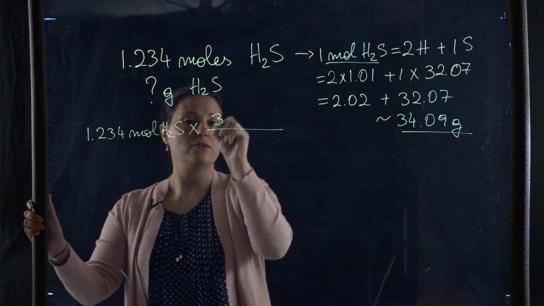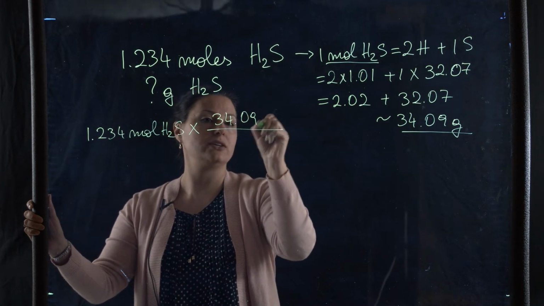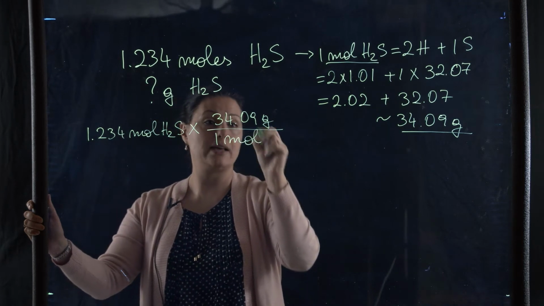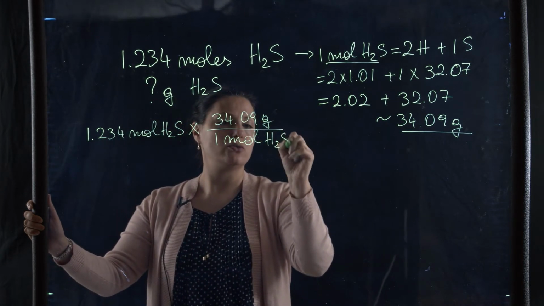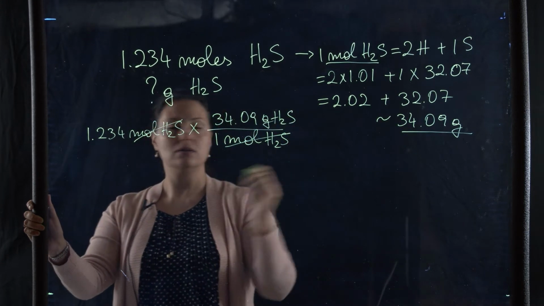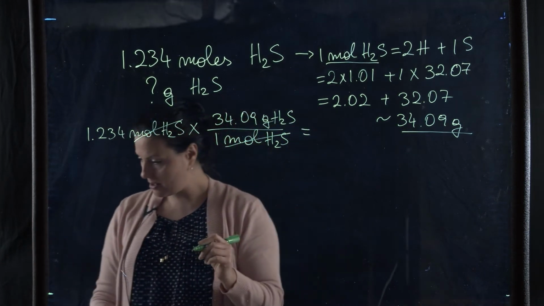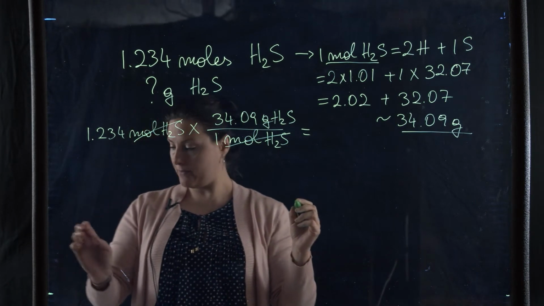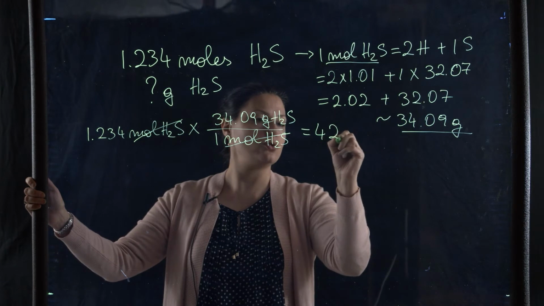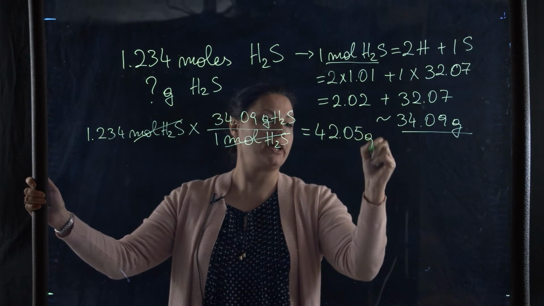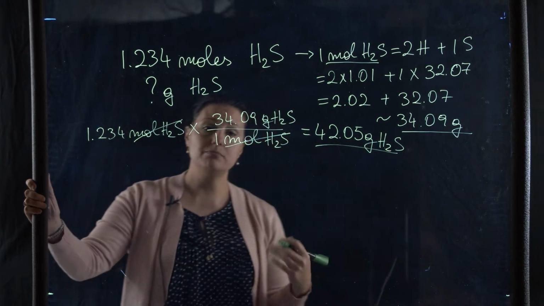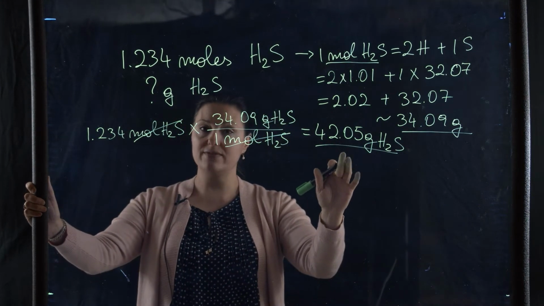So 34.09 grams goes on top, and 1 mole of H2S weighs that much. The moles will cancel, and if you do the math, you should get about 42.05 grams of H2S.